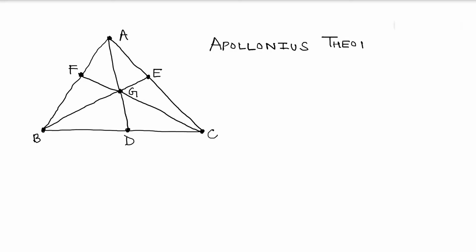Which to some extent I have already clarified, but the terms that we are going to use here will decide what is an Apollonius theorem. So if I say that AD, CF and BE, we are talking about these line segments. It is given that these are medians.